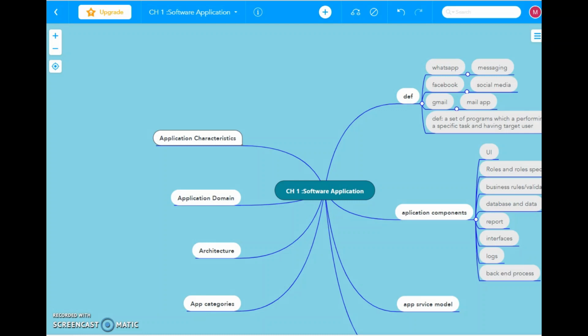Now there are a number of types of application characteristics, firstly being UI critical application. Then next is end user application or end user category. Next is global usage application.